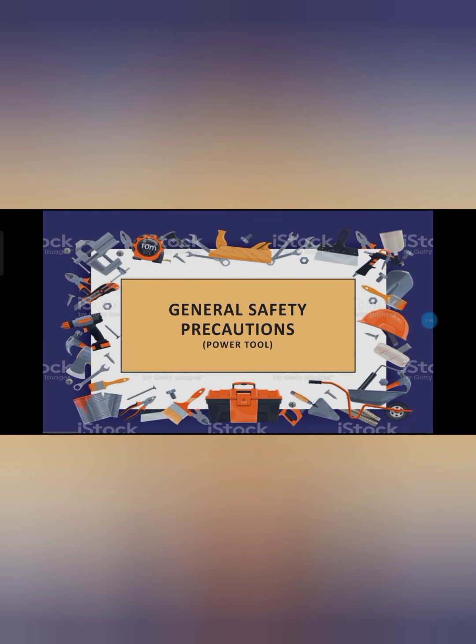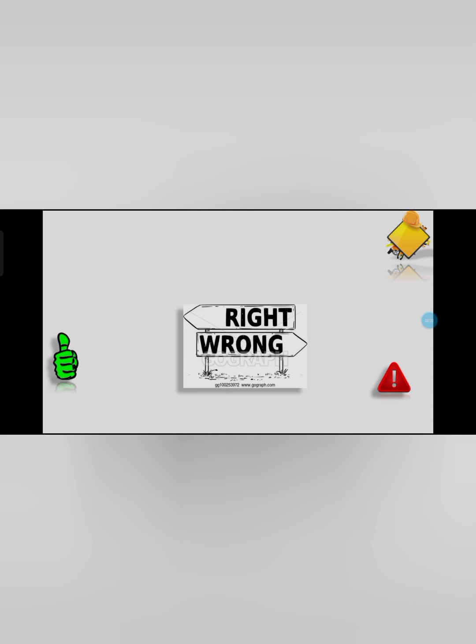Okay, in our next slides, we're going to discuss the general safety precautions. Hazards are also present in this equipment. To prevent the hazards associated with the use of power tools, you should observe the following general precautions. Number 1, never carry a tool by the cord or hose.